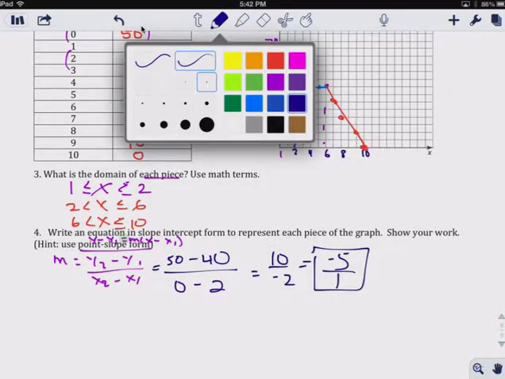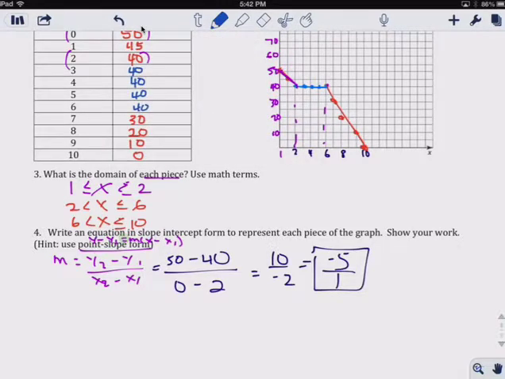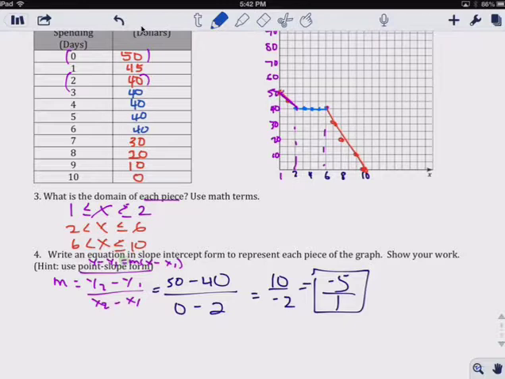Okay, let me stand up because I just had a big dinner and falling asleep. Okay, got the slope. Now we're going to choose one of these points over here. I'm going to choose 0, 50. And use the point slope formula. Y minus y1 equals m, which is negative 5, times x minus 0.